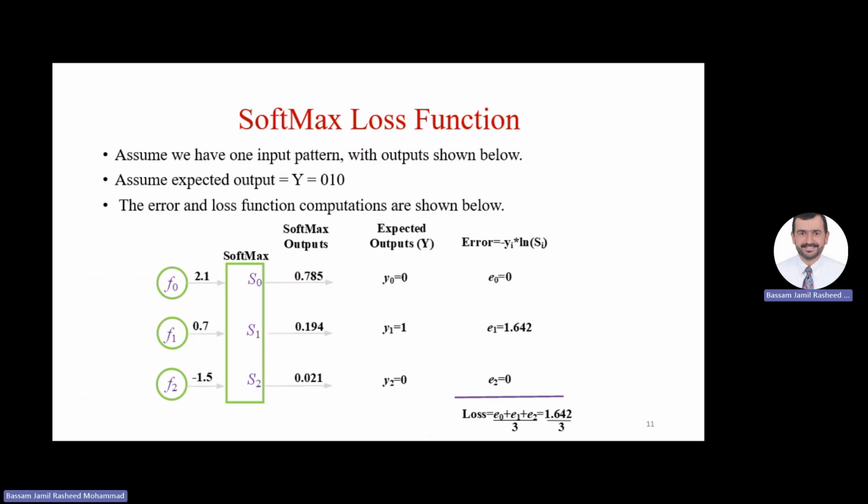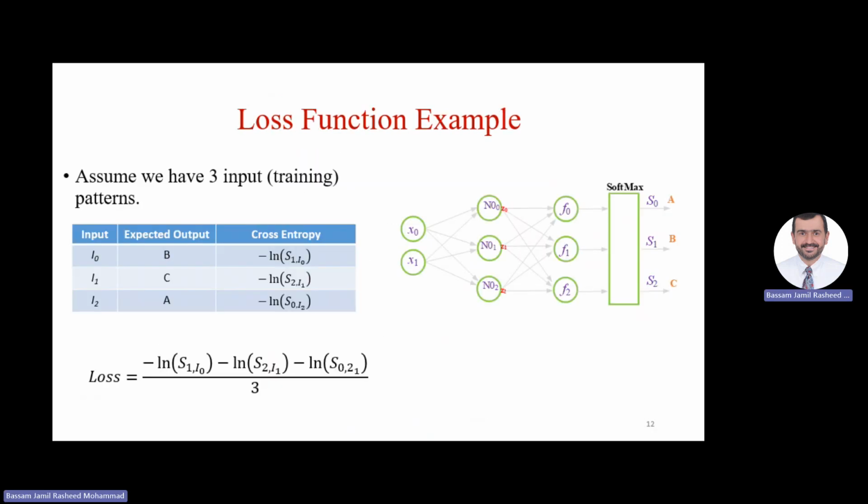I'm going to go for an example here and show you how we compute the loss function. Consider this example. Let's say we have 3 input patterns. We have I0, where the output is B, right? Assume that I have 3 outputs. Then I introduce the softmax layer for training purposes.